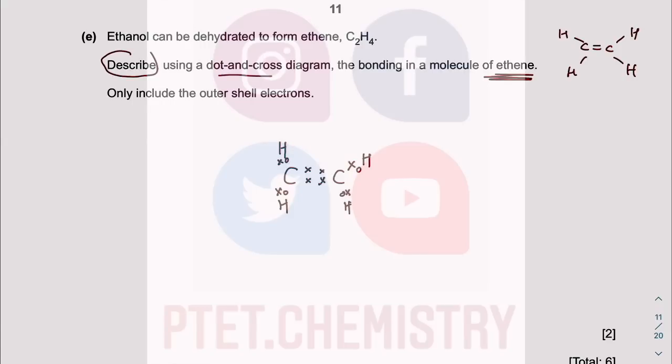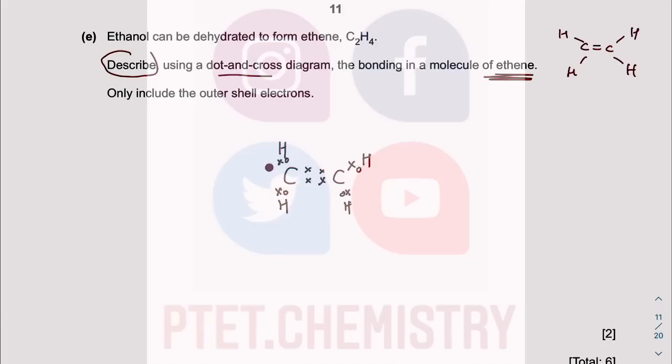Another thing you have noticed is different is I start from the display formula, which I know is correct, and I work from there to there, so much faster. The second thing you notice is in all my dot and cross, I do not draw the shell. I would tell you that it's just my personal preference, but you will see that a lot of marking schemes have drawn the shell, and then when you go to A level, they don't draw the shell.